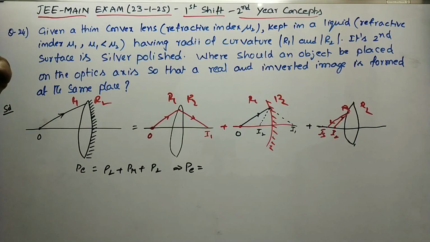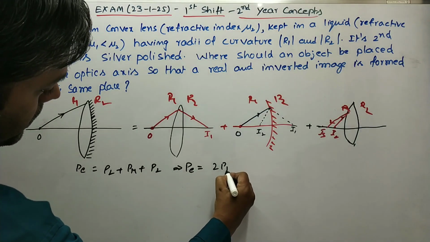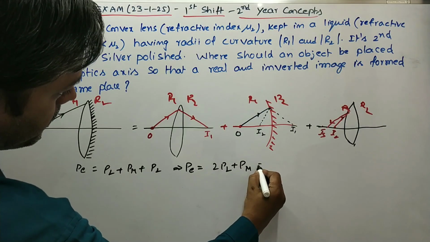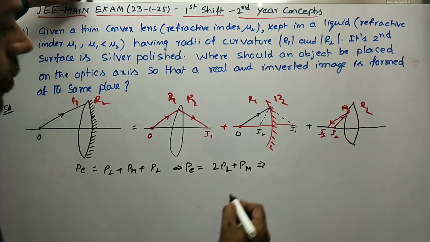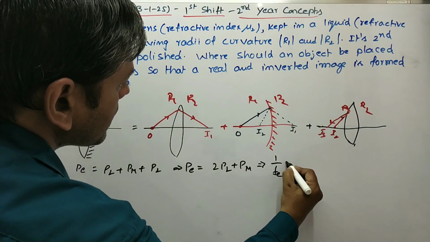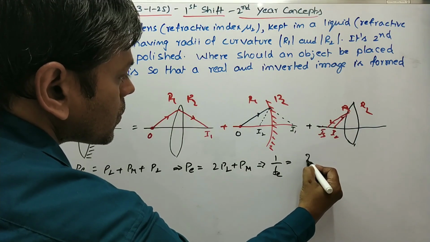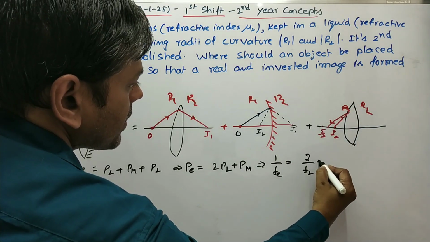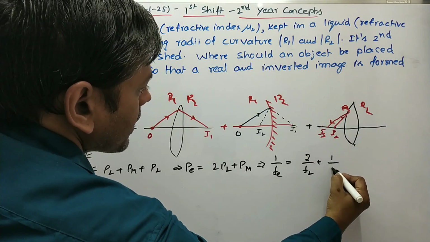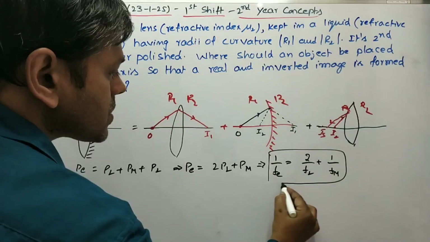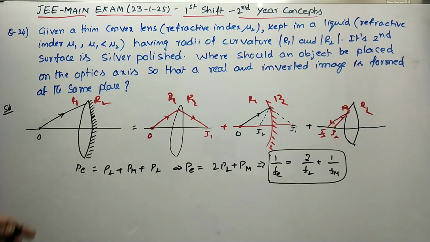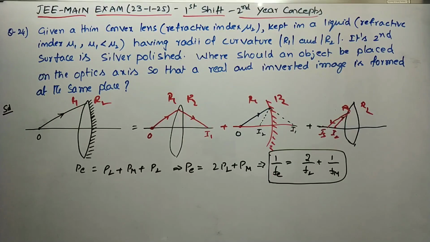Effective power is PL plus PL plus PL, that is 2PL plus PL. If you want its focal length, 1 by FE is equal to 2 by FL plus 1 by FL. Using this formula, you can calculate the required answer.